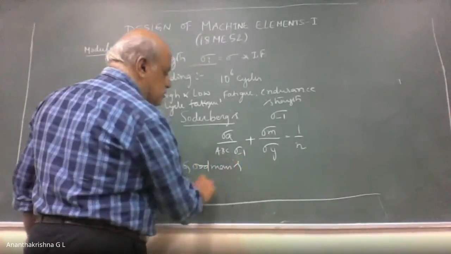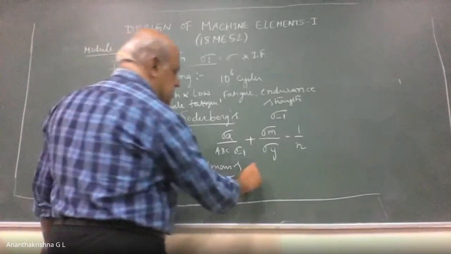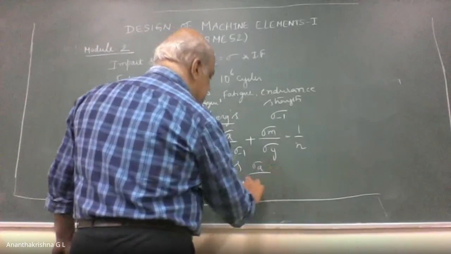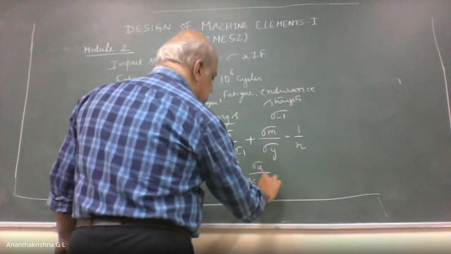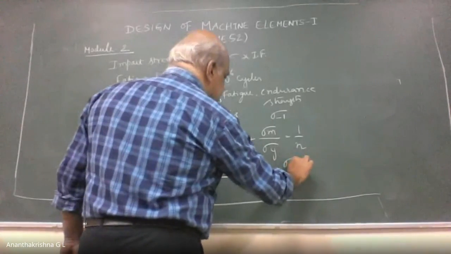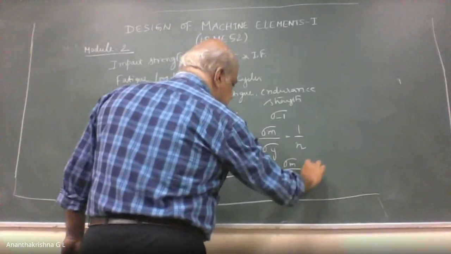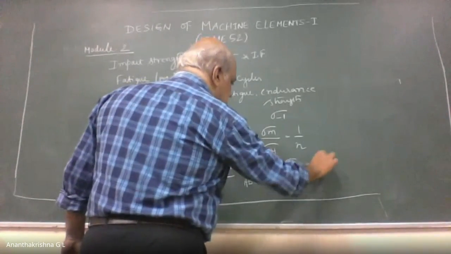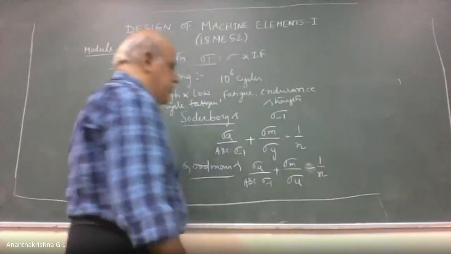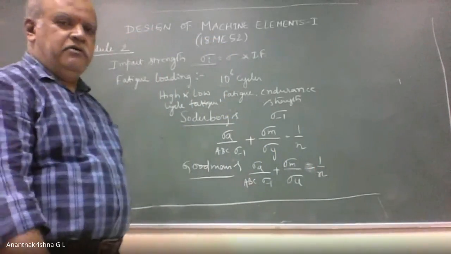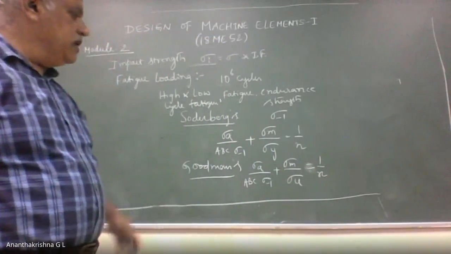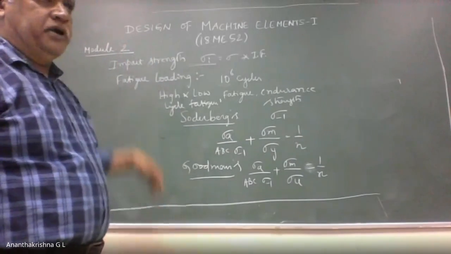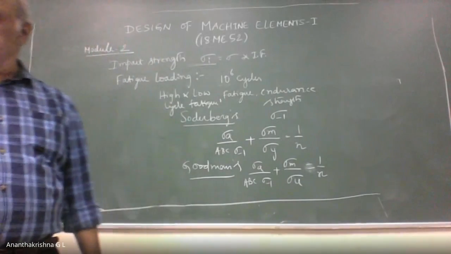Goodman's is given by sigma amplitude by (A B C into sigma endurance) plus mean stress divided by ultimate strength equals 1 by N. Anyway, we will learn in detail when we get into the topics.